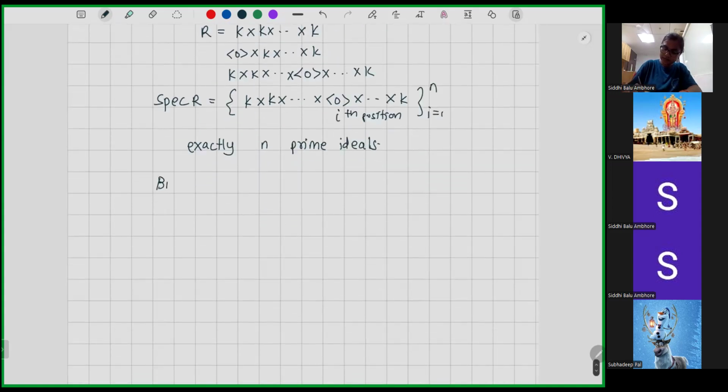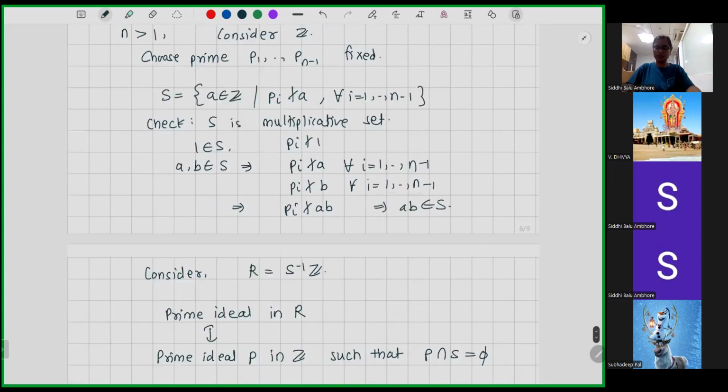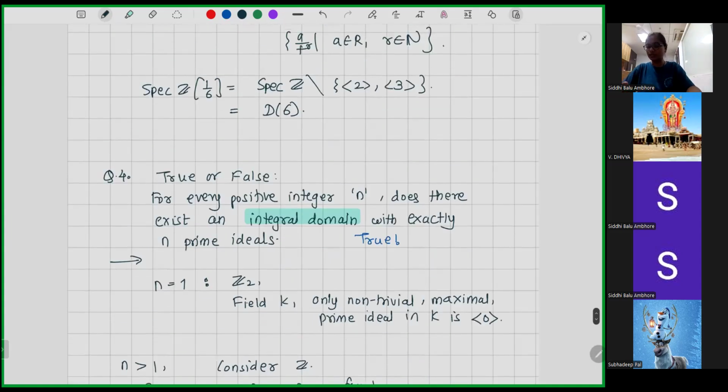But this is not an integral domain, okay? Because this (1, 0) times (0, 1) is (0, 0). So this is not an integral domain, but the question was asking us about the integral domain.